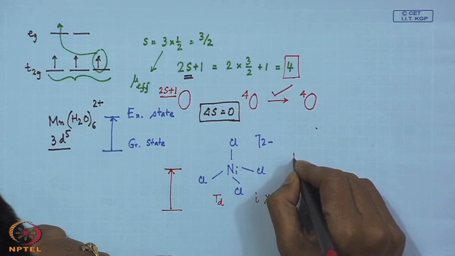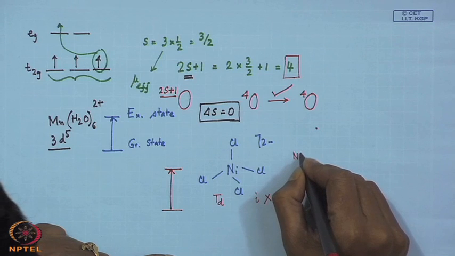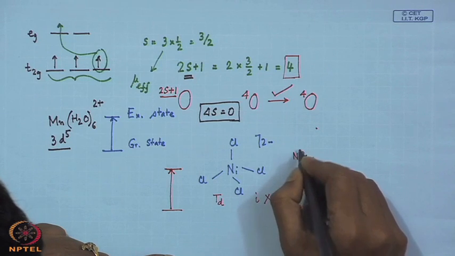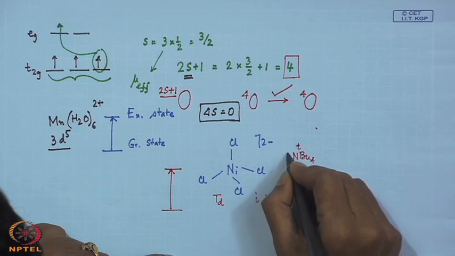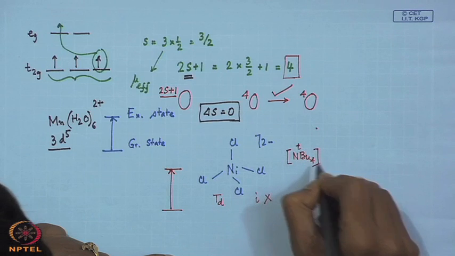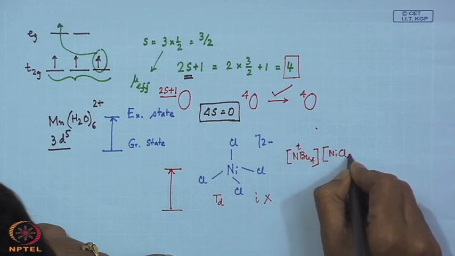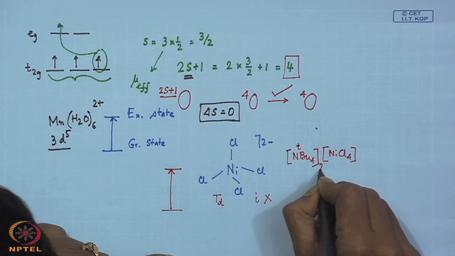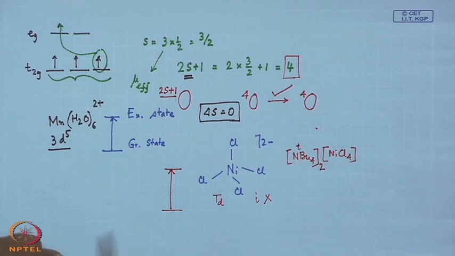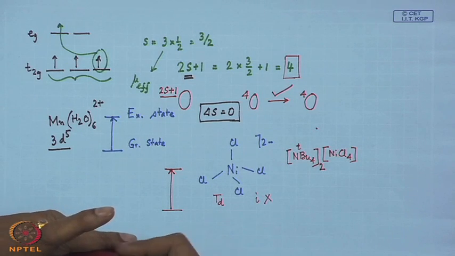If it is NBu4, the tetrabutyl ammonium salt, then NiCl4 2 minus can be isolated as this particular salt.